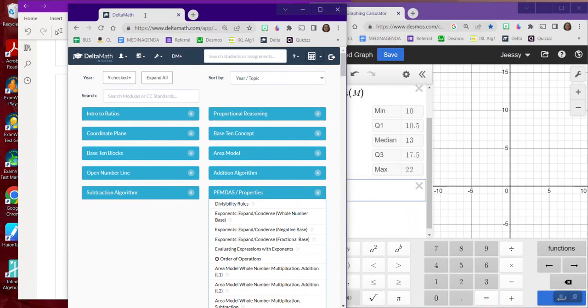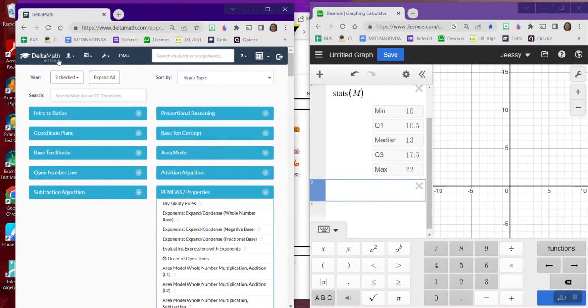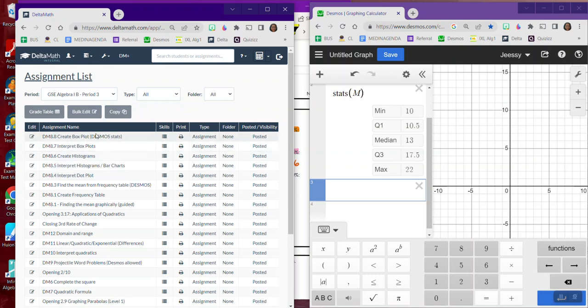Okay, so go to Delta Math, and under your assignments, open up Delta Math 8.8. This one, Delta Math 8.8. Okay, I leave the other ones to you, but right now, Delta Math 8.8. Did you find it?